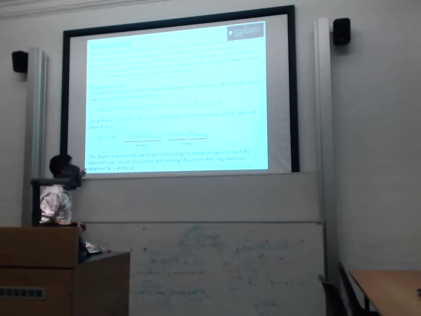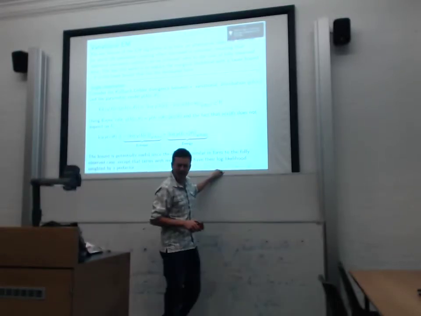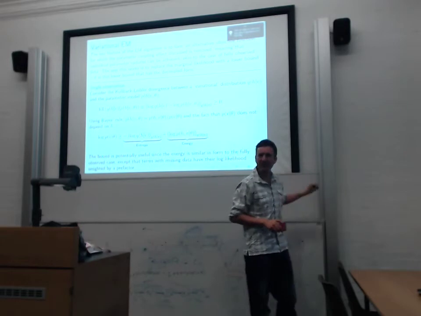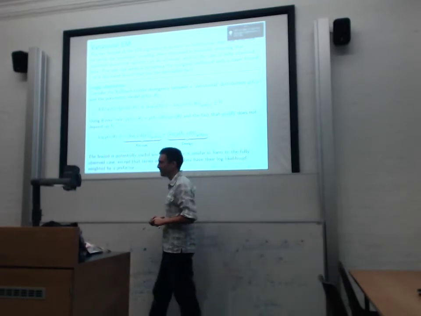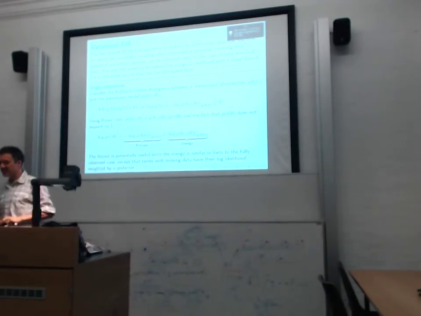They call this the entropy. They call this the expected complete log likelihood, but that's a bit of a mouthful for me, so I'll call it the energy. They have their own way of thinking about this, which I don't like so much, but this is a more general approach, and in machine learning we call this variational EM.